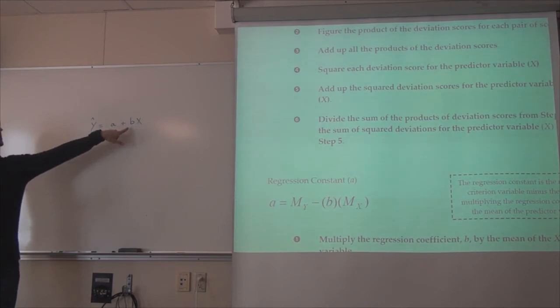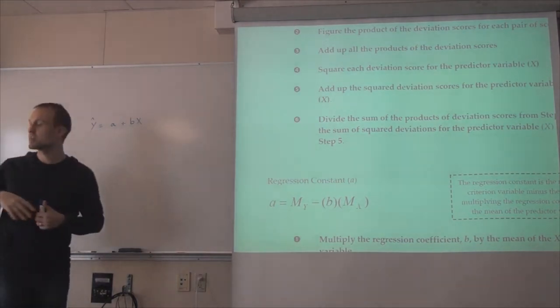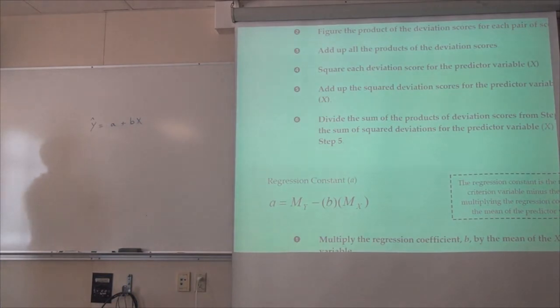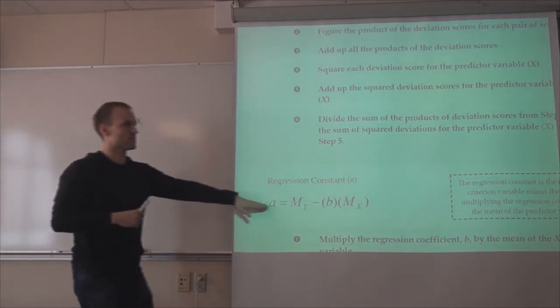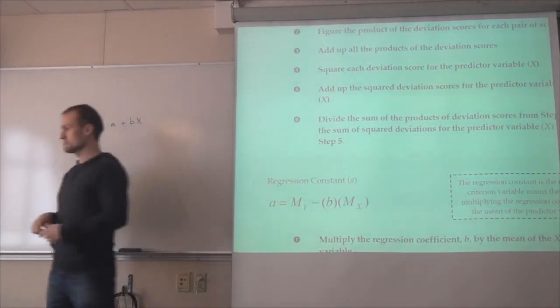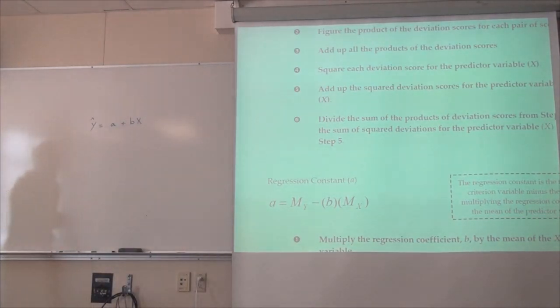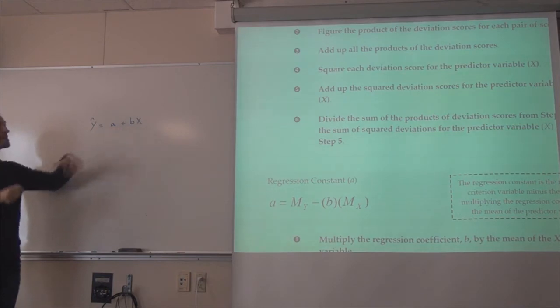The rest was just to motivate: why can't I just take any line? What do I mean by the best? Just to have an understanding of, now I don't necessarily know where this comes from, there's a little bit of math and deriving involved there, but just to understand that there is a best line.